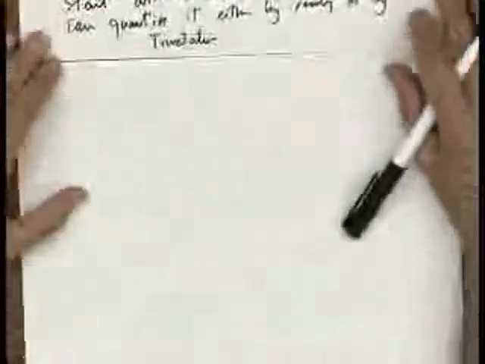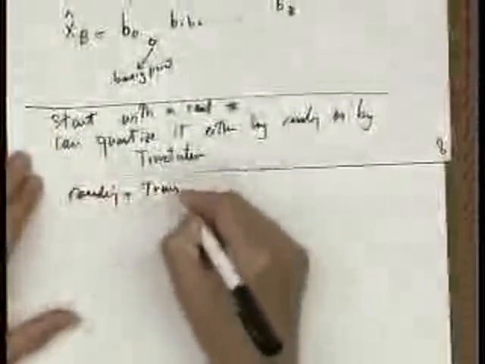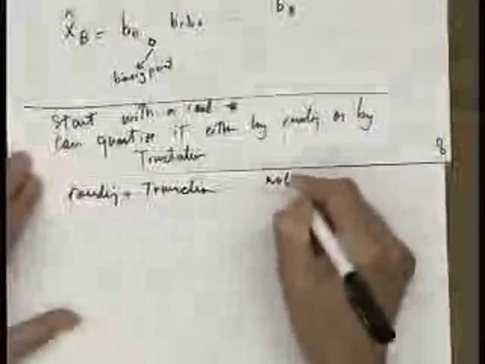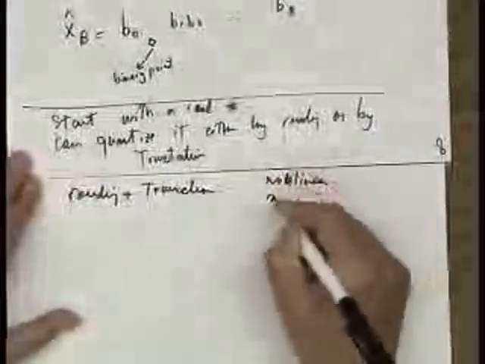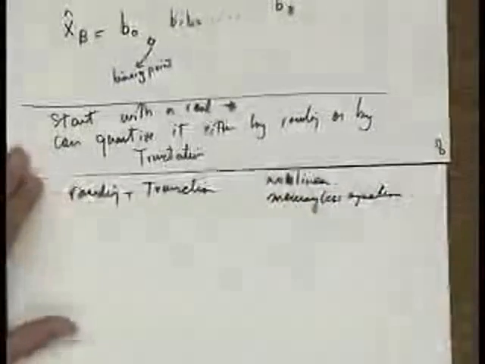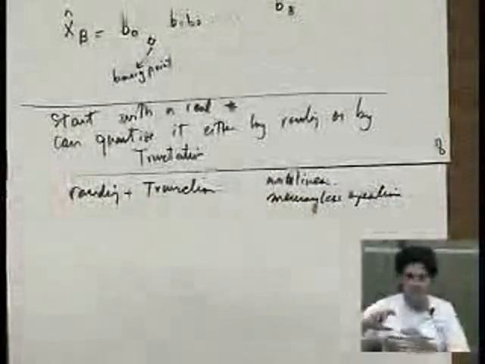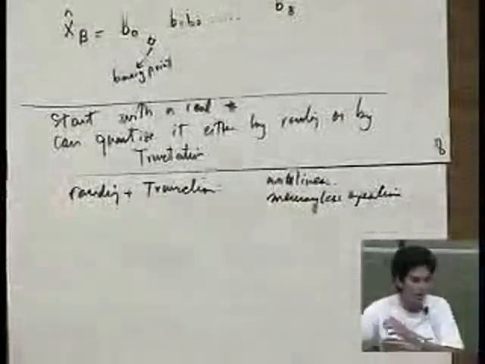So both rounding and truncation, it turns out, are nonlinear memoryless operations. And what do I mean by nonlinear? The same meaning as linear as we talked about. That means if I either round or truncate a number, and then round or truncate another number, and I add those two numbers, I get a different thing than if I first add them and then round them.